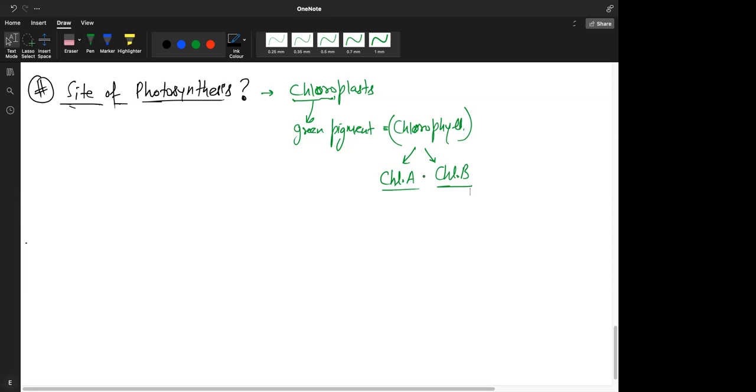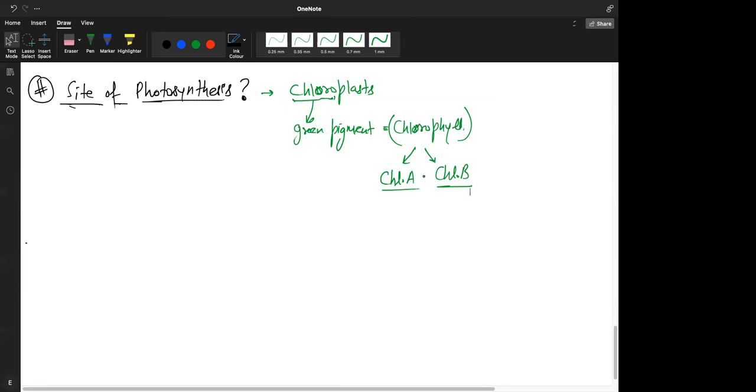There is something special about plastids and mitochondria. They're semi-autonomous. It means that they have their own DNA as well as ribosomes. Apart from that, they have a double membrane system.